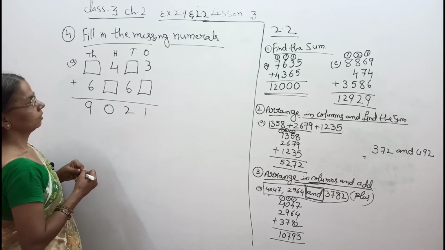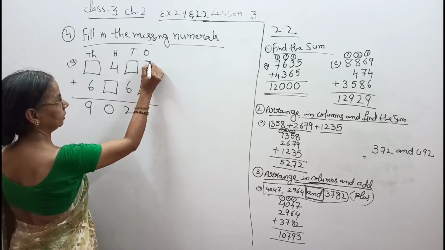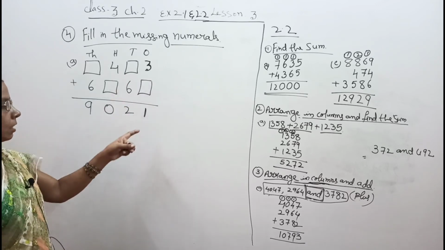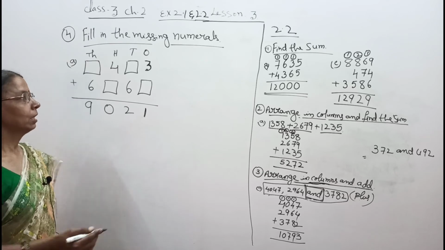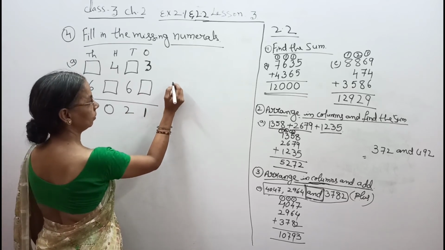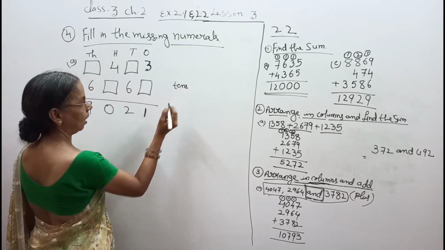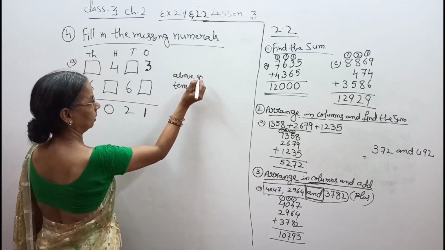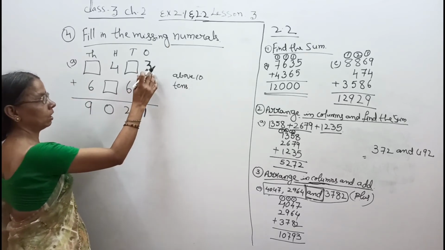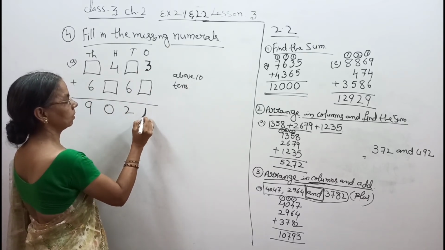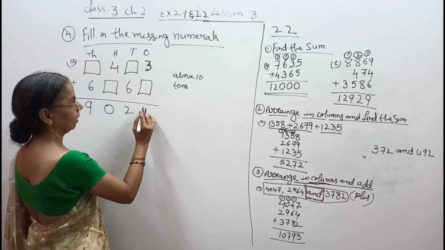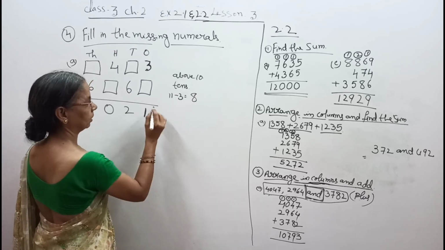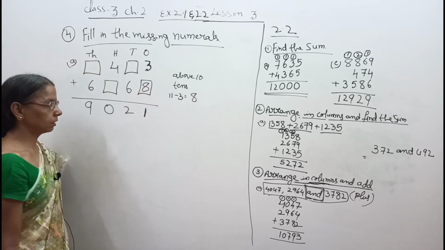Now here, first it is given 3, and the answer is 1. After 3, 1 as the answer means it is movable to tens, that is above 10. It means it is 11, 11 minus 3, we have 8, that we have to write, 8.